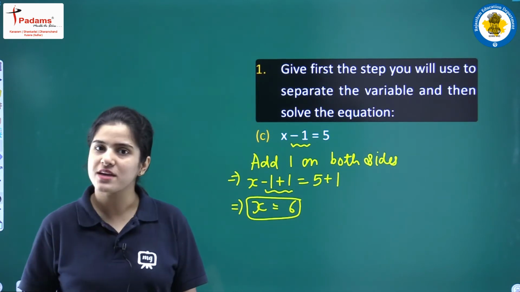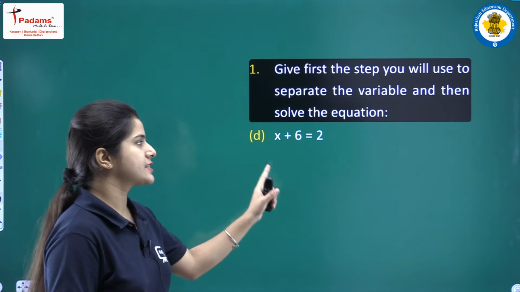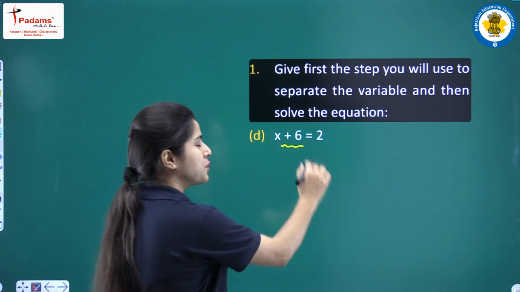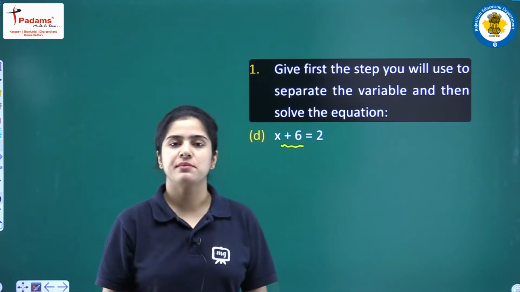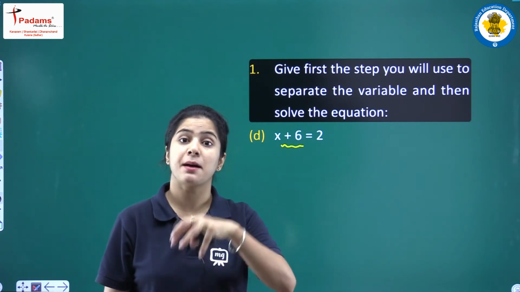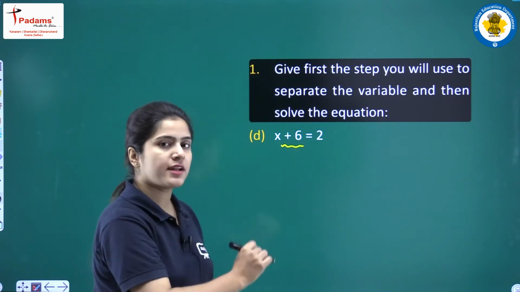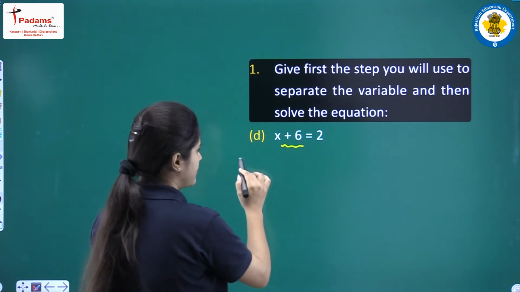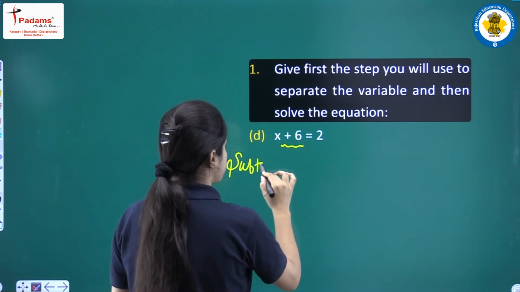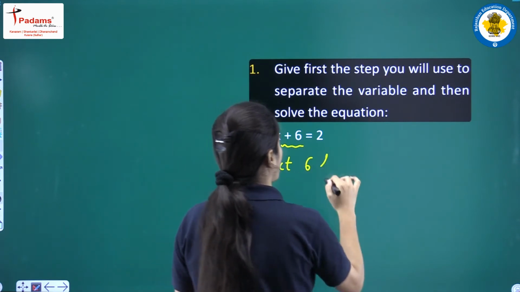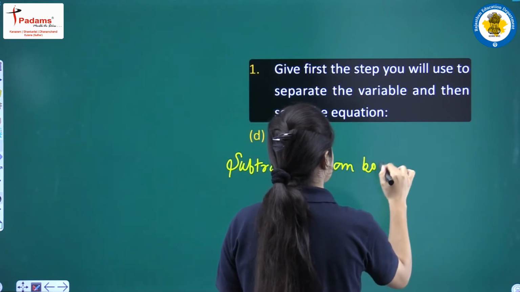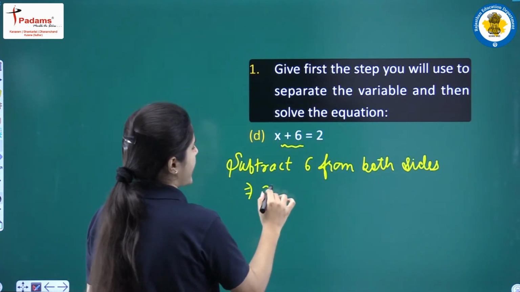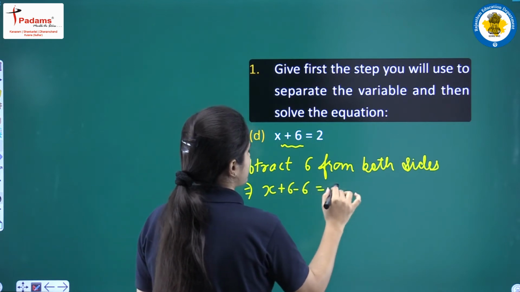Now students, the next question, x plus 6 is equal to 2. Now 6 is in addition with x. To separate the variable, we'll do the subtraction of the same number. This is an addition, and to eliminate this we'll subtract 6 from both sides. x plus 6 minus 6 is equal to 2 minus 6.